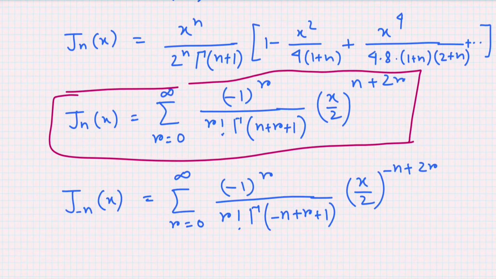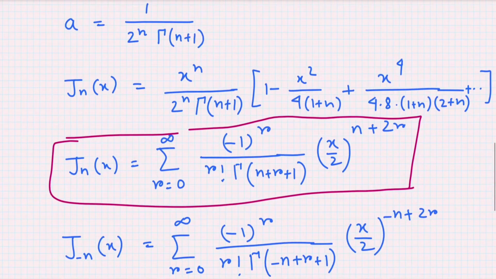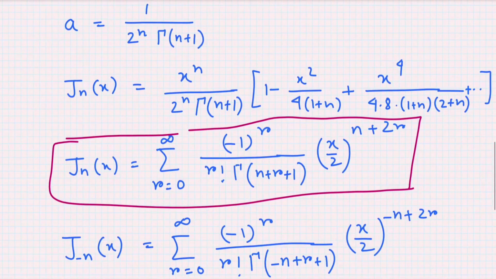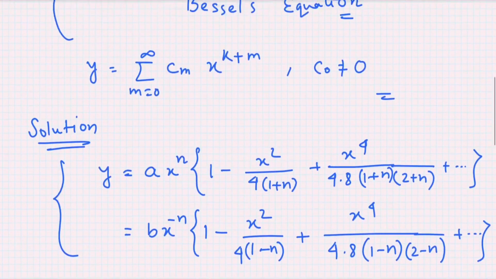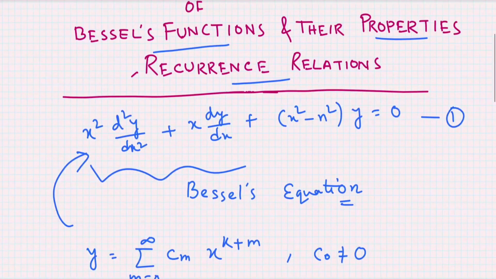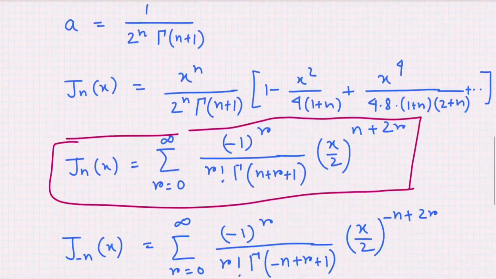So this is J minus n of x. This is the basic definition of the Bessel function Jn(x), and equation 1 is called the Bessel equation or Bessel differential equation.